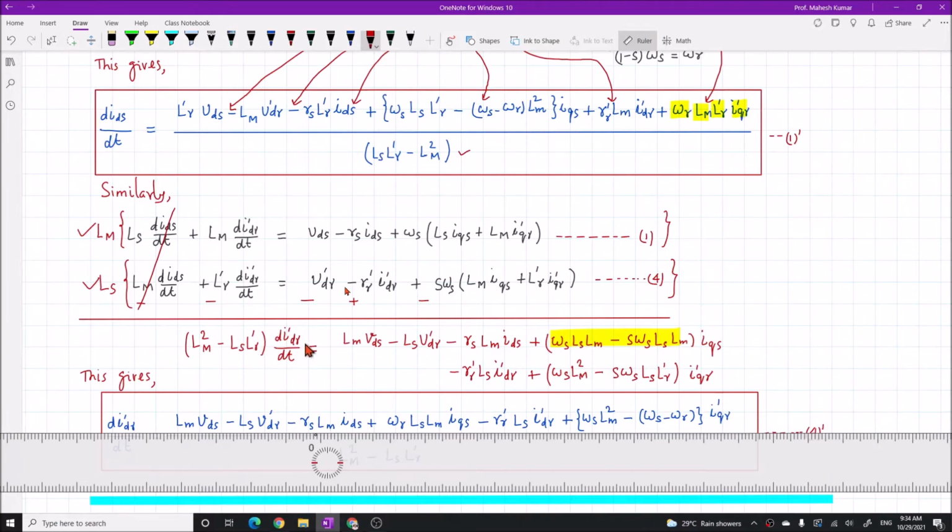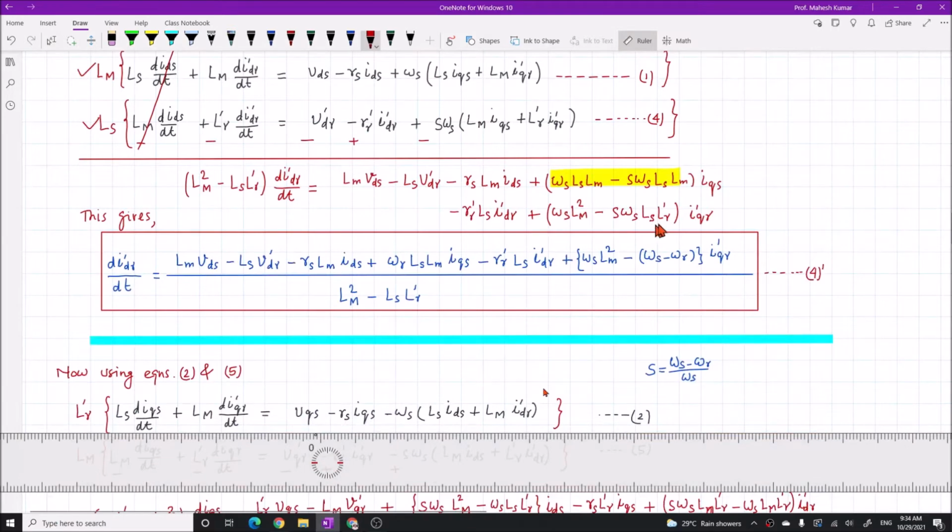In a similar way, just simplify yourself and verify the answers that I am presenting here. In this term, LS and LM are common. 1 minus S times omega S becomes omega R, so this becomes omega R LS LM into IQS. The remaining terms are the same.